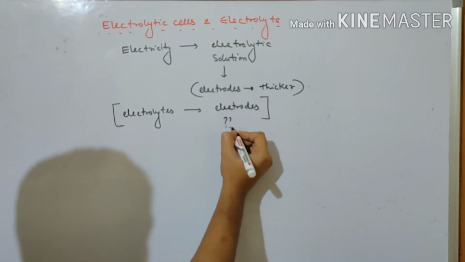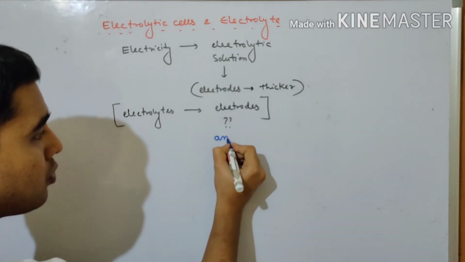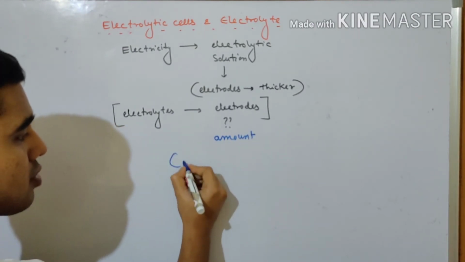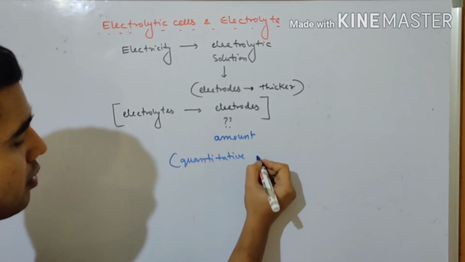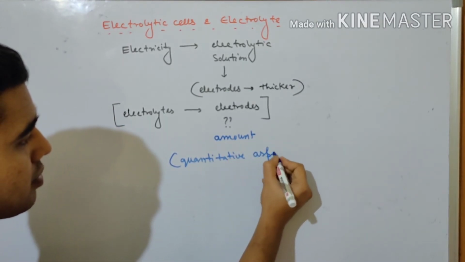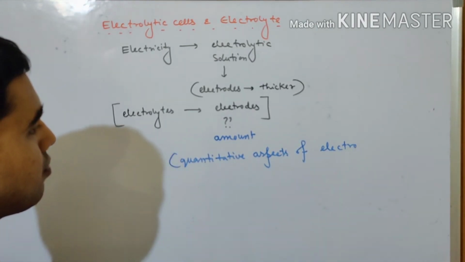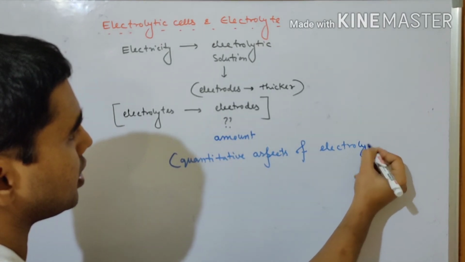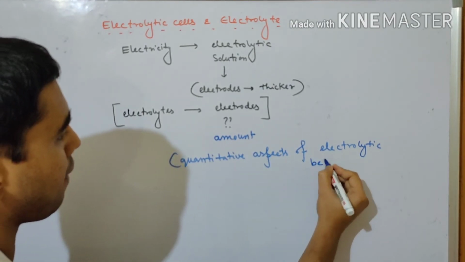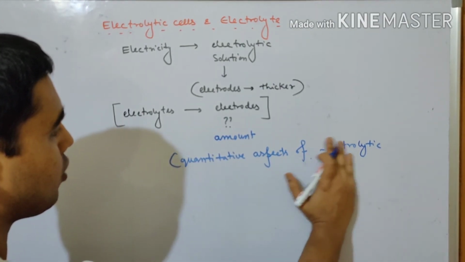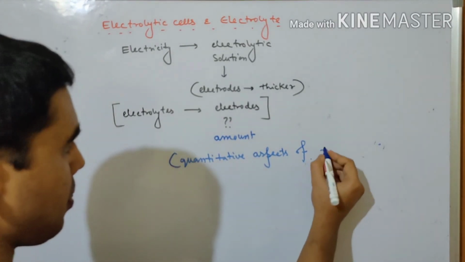How much? The amount. Whenever we calculate the amount, that is known as quantitative aspects of electrolytic behavior, or rather we can say the quantitative aspects of electrolysis.